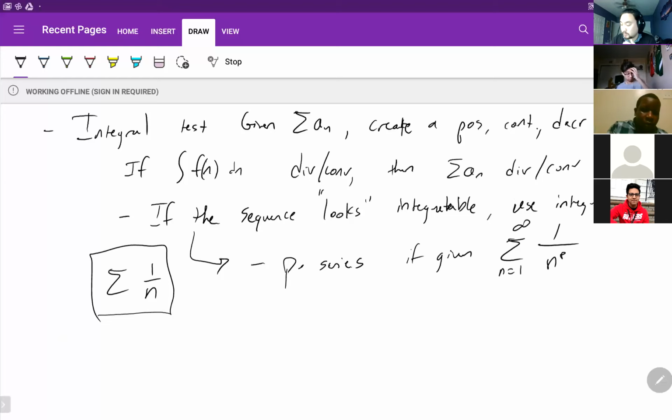You can just say, if P is greater than 1, it converges. And if P is less than or equal to 1, it is divergent.